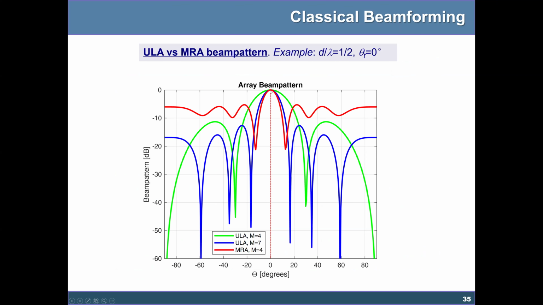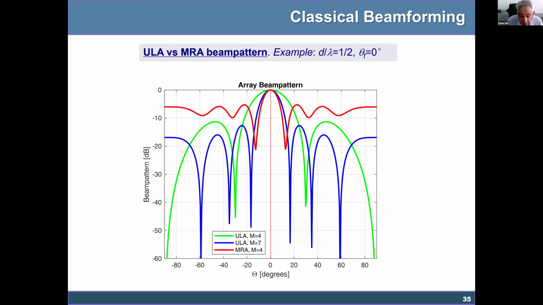So in other words, the normalization factor is probably different for the ULA and the MRA beam patterns. These are the three beam patterns, and at the maximum, the value is 1 for the three of them, by definition, by construction.